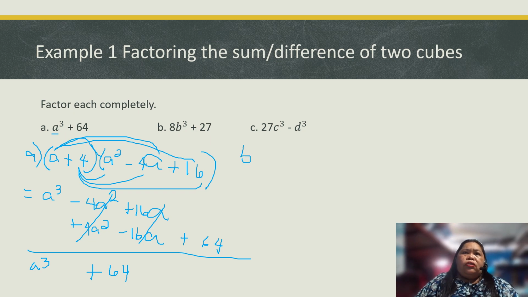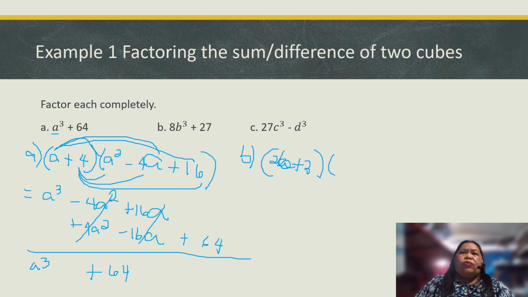Then for letter B, we got 2b plus 3. Why? Because 2b is the cube root of 8b cubed. Oh, sorry, this is b, not a. The cube root of 8b cubed is 2b, plus 3, which is the cube root of 27.